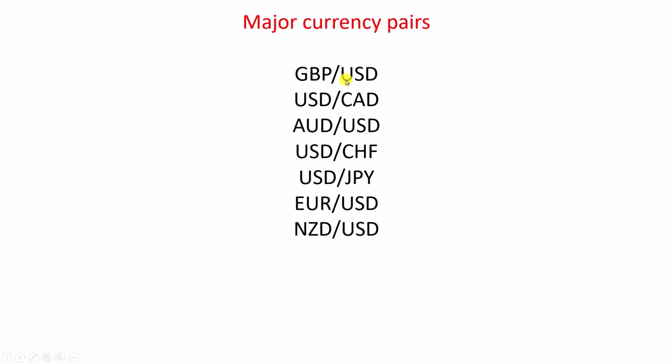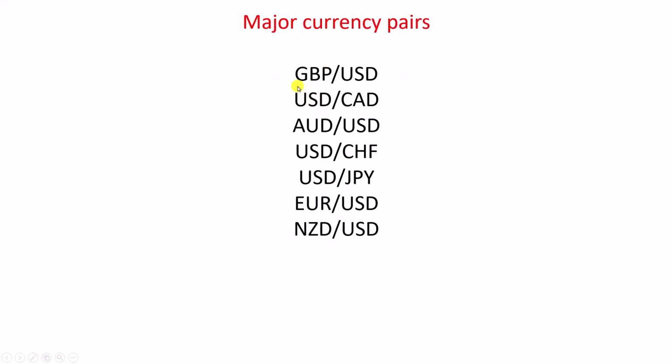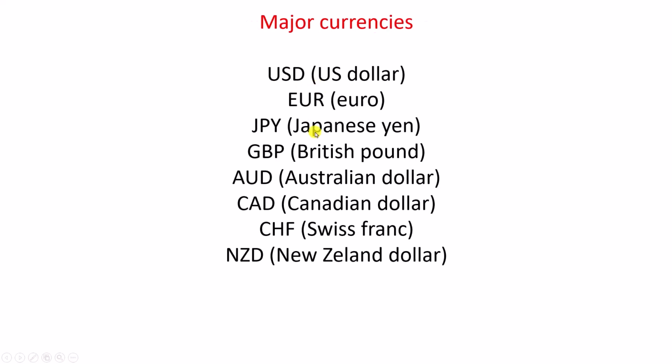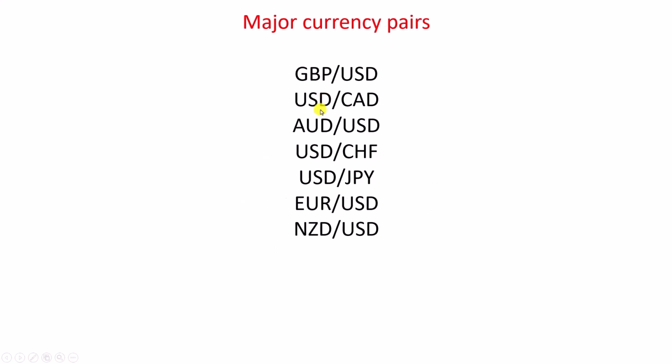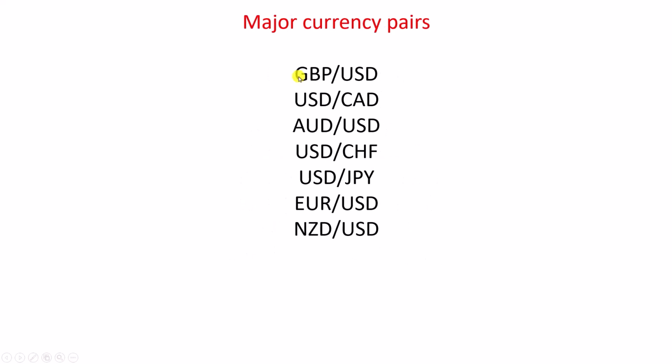Not only that, but the other currency in the pair is from the list of major currencies. Here we have GBP, which is a major currency. Here CAD is the Canadian dollar. So one of these along with USD makes a major currency pair.